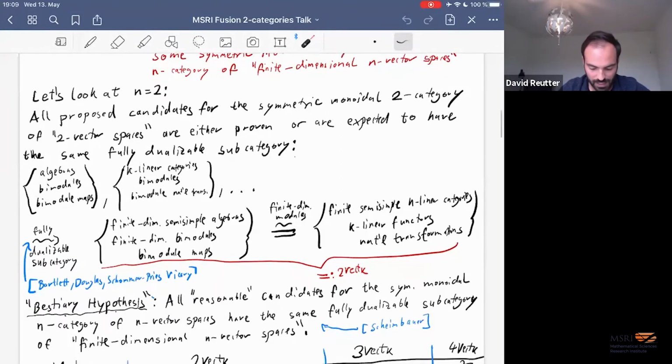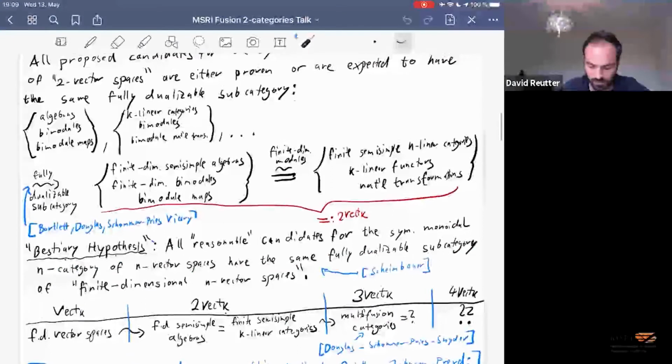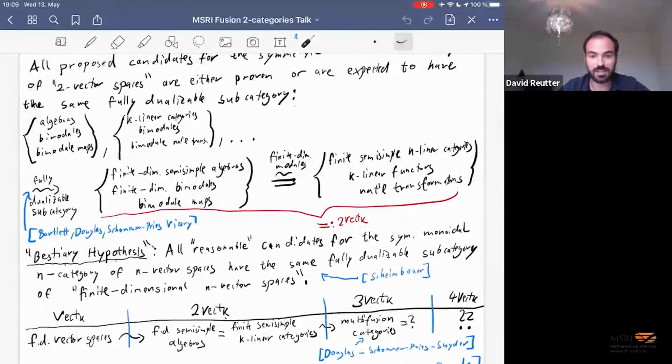What is n-Vect? Let's see what's known, or what was known at the time this paper was written. We have, of course, the category of finite dimensional vector spaces, which I just call Vect from now on. We have 2-Vect, which is the 2 category of finite dimensional semisimple algebras, or equivalently finite semisimple k-linear categories. Then what's a good candidate for 3-Vect?